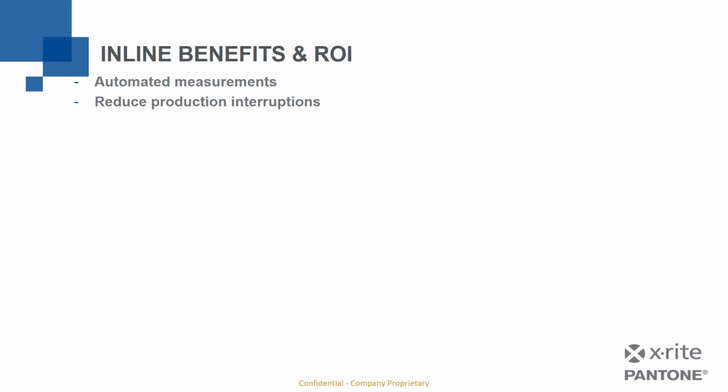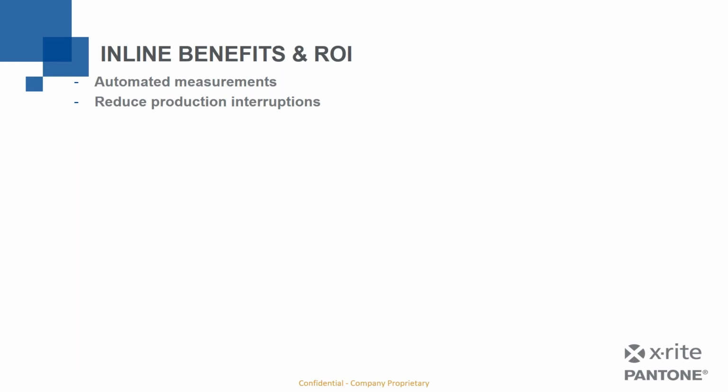So if the situation is such that you need to pull a sample to take a measurement, like I mentioned, you're either going to stop your production to pull a sample. Well, that's an interruption. That costs you money. Or you're going to pull a sample from the end of your production run. Now you're checking color, and how much product has gone by that might be bad.